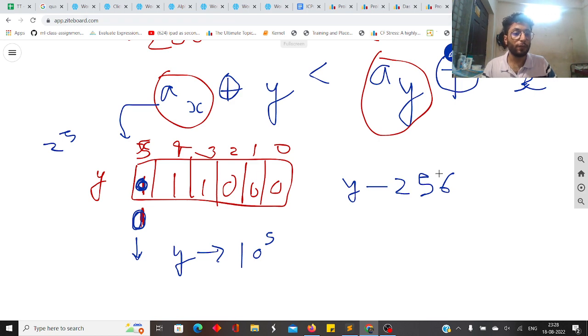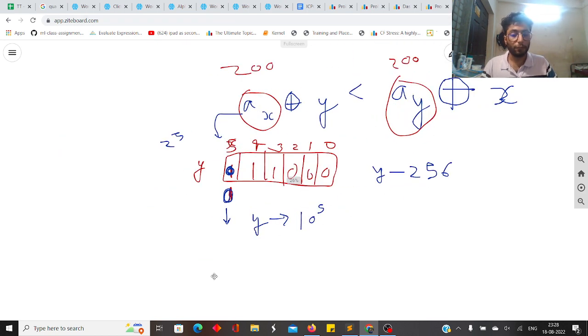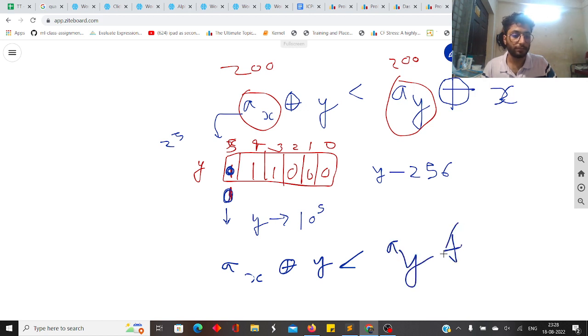So what I need to find is a corresponding x for each value of y. Let me say that ax XORed with y is less than ay XORed with x.